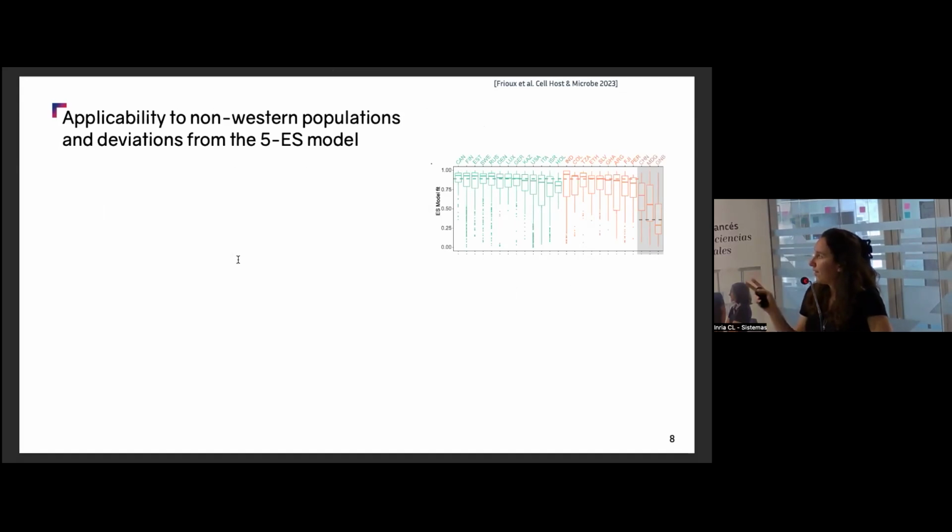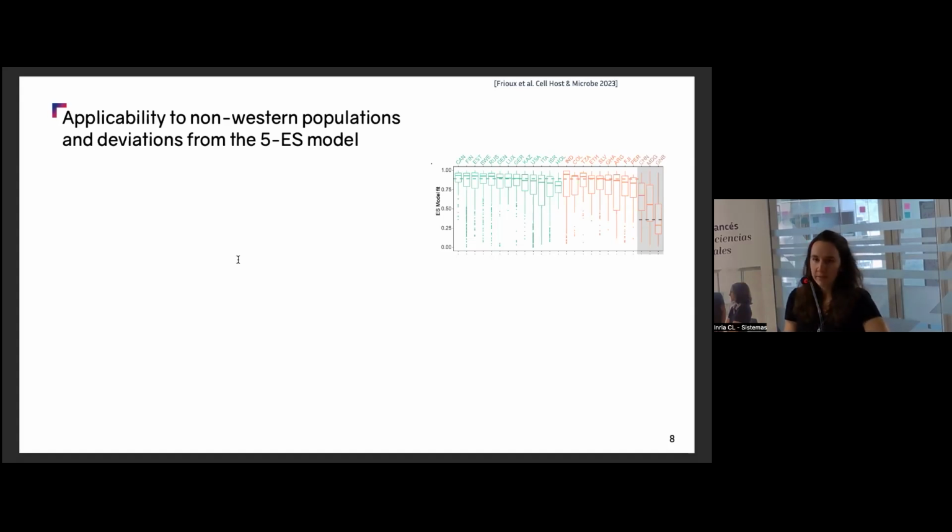So on the left part of the plot, you have the learning cohorts that we used in green. And on the right part, the non-Western populations that we studied with the same signatures that were learned on the left data. And you can see that for most of the data, the model fit quality score is pretty good, except for 3 cohorts at the end, which was a bit surprising.